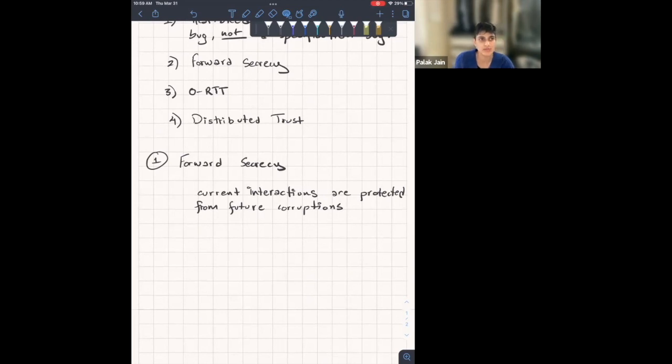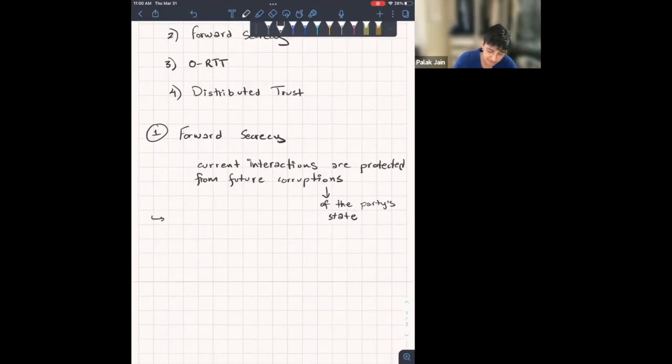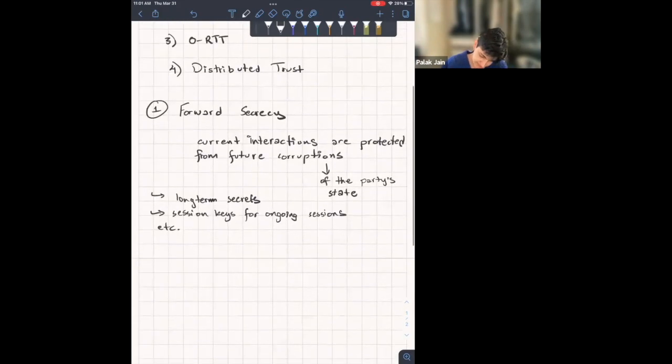Even if a future corruption leaks the party's entire state, which could include long-term secrets, session keys for ongoing sessions, etc., this is what could be leaked.